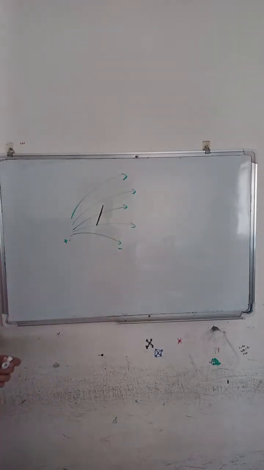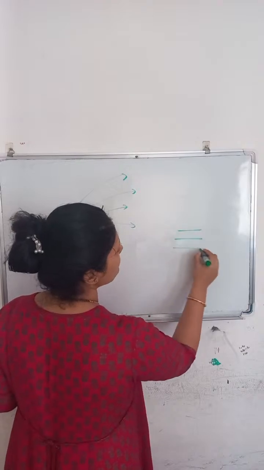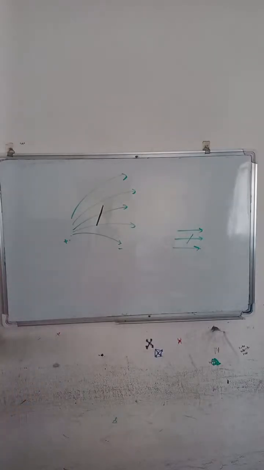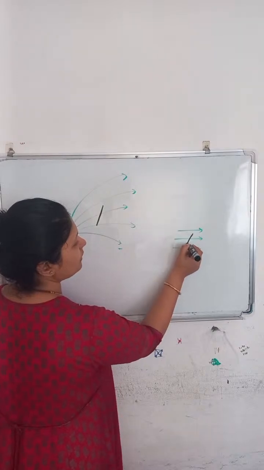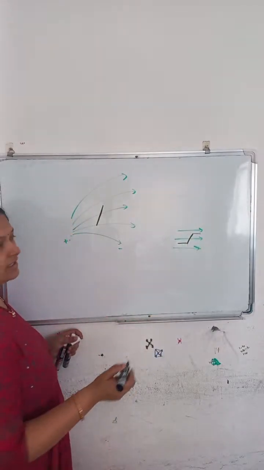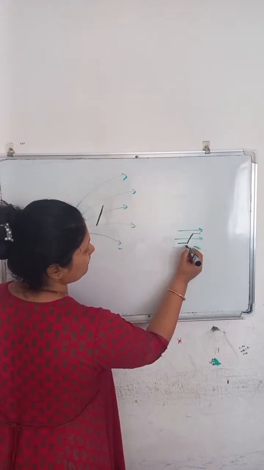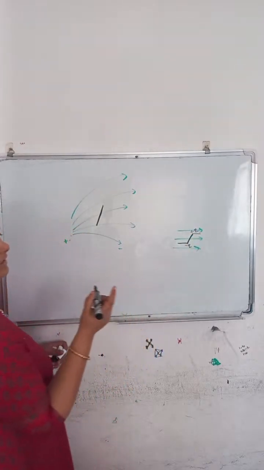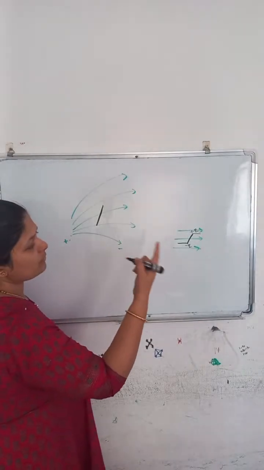In our syllabus, even while teaching, we learn that if you are keeping the dipole in a uniform electric field, then equal and opposite forces are acting. Suppose this is a negative Q, and here we have positive Q, and the electric field is going from positive to negative.